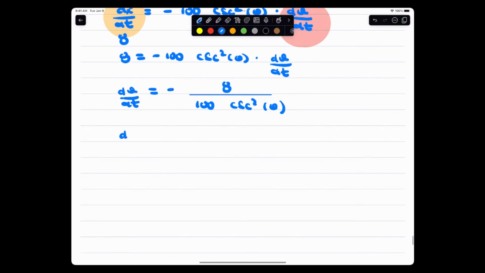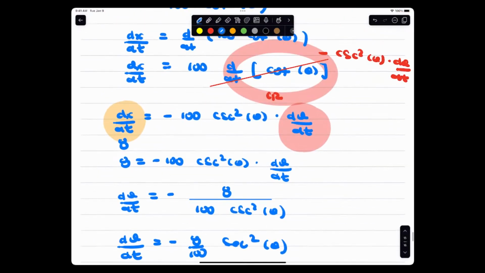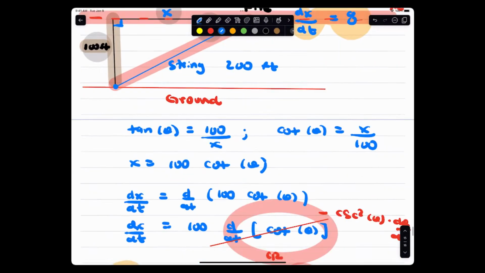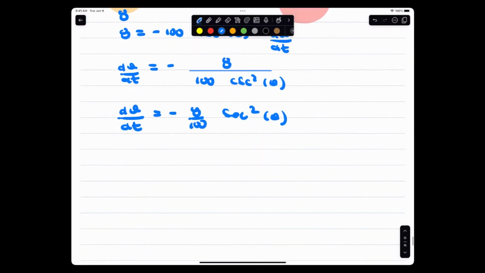And that means, what does that mean? That's like negative 8 over 100, now really secant squared theta, the reciprocal, right? Okay, you guys okay with that? But then you might say, how do I get secant theta? So I'm going to say, what is secant theta?